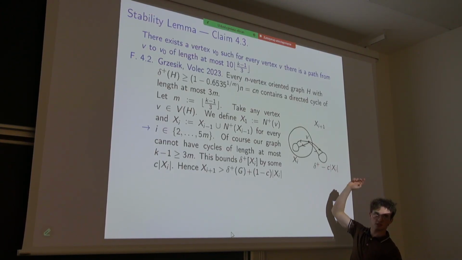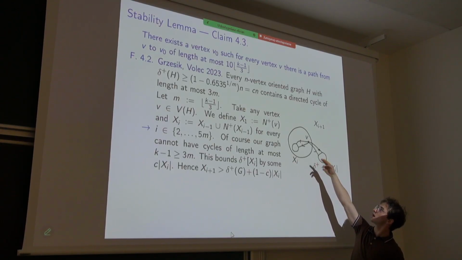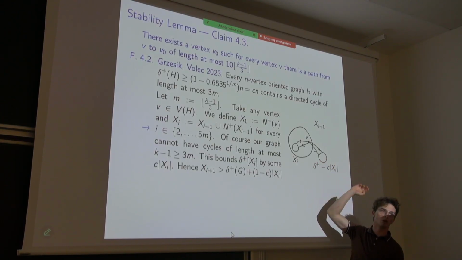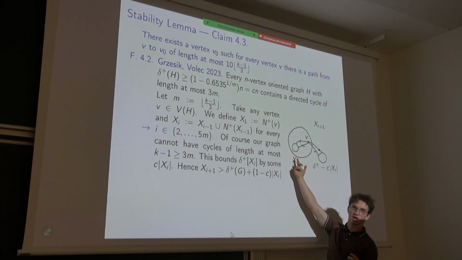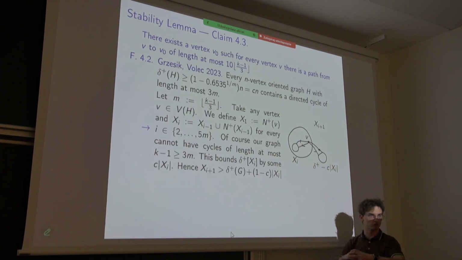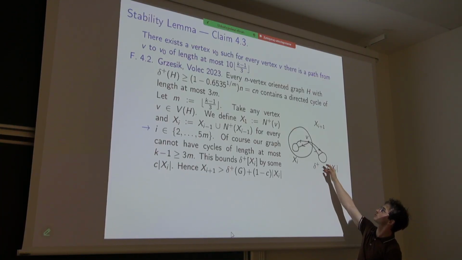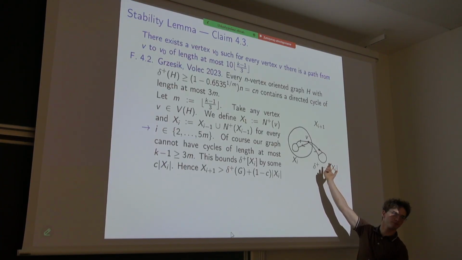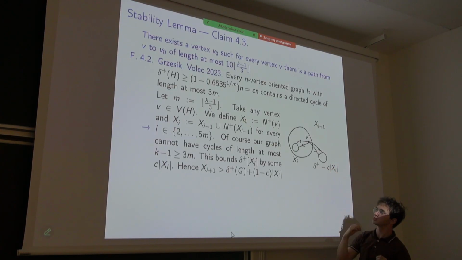Therefore, there must exist at least one vertex v in this tower which has low outdegree to this set X_i. But it has a large outdegree to the whole graph, meaning it has a large outdegree to the rest of the graph. This is the basic idea here.